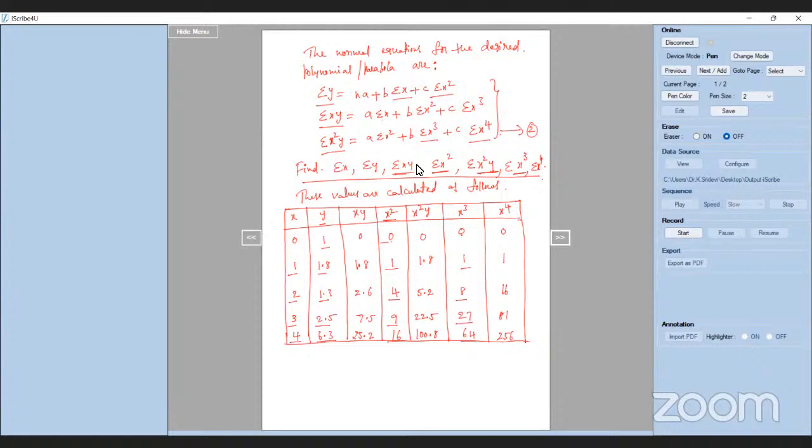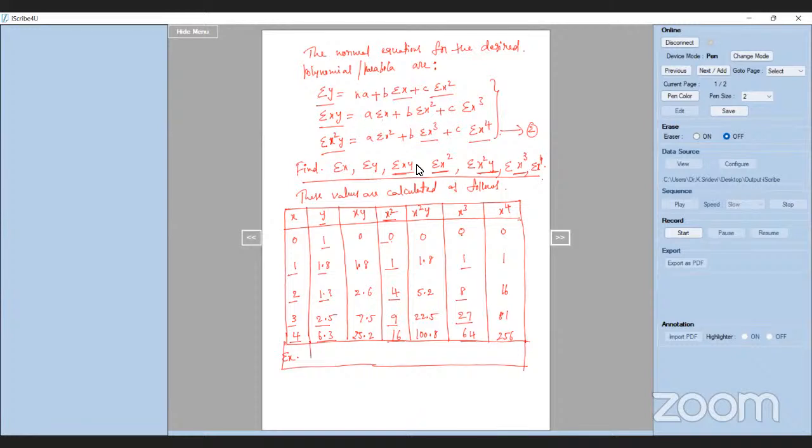So now we are going to find the sum of all the x values, the sum of all the y values, the sum of all the xy values, the sum of all the x square values, x square y, x cube, and the values of x to the power 4.